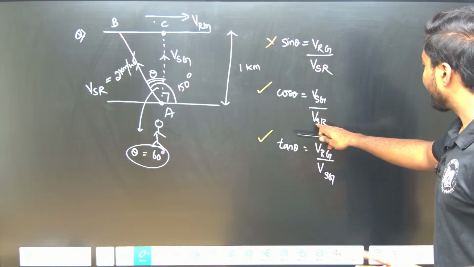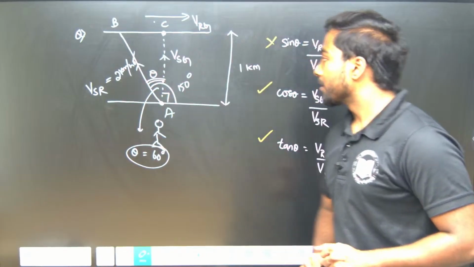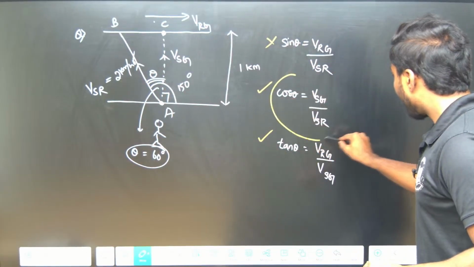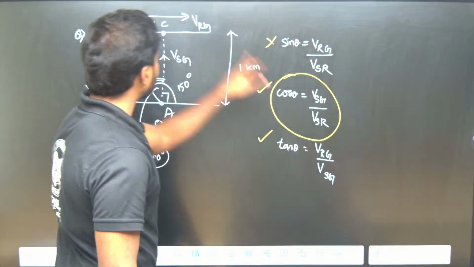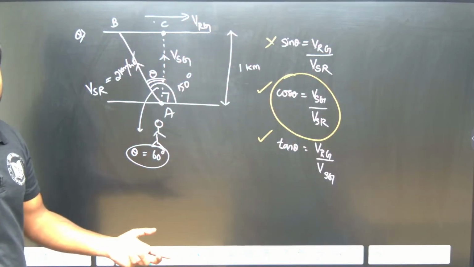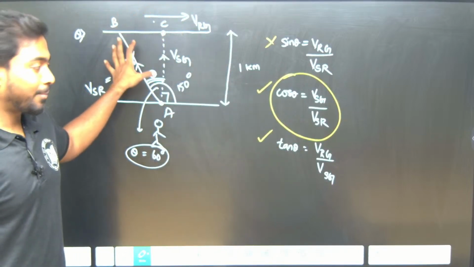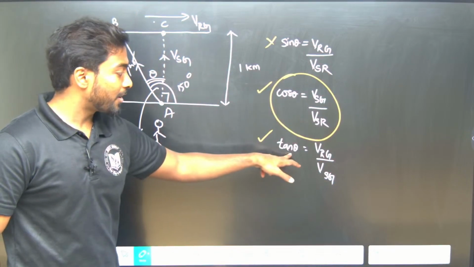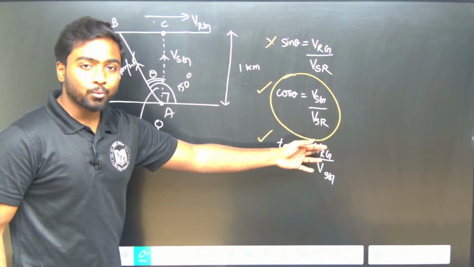But one more thing, is the velocity of swimmer with respect to river given? Yes, it's given. So I can use cos theta now. What about tan theta? River with respect to ground, I don't know the value, right? I need to get the value, and again I would need to take the Pythagoras theorem. Tan 60 value I know, swimmer with respect to ground I don't know, and this also I don't know. Yeah, I can't use this one.